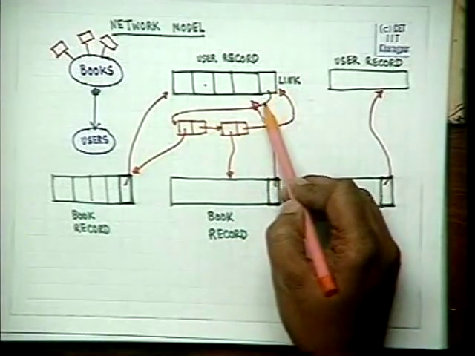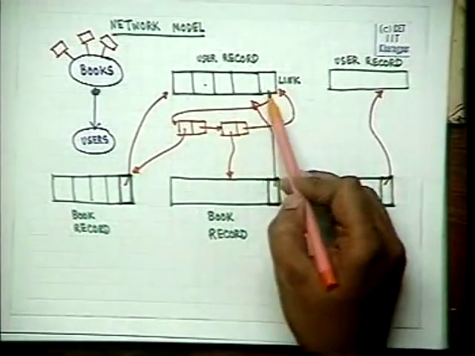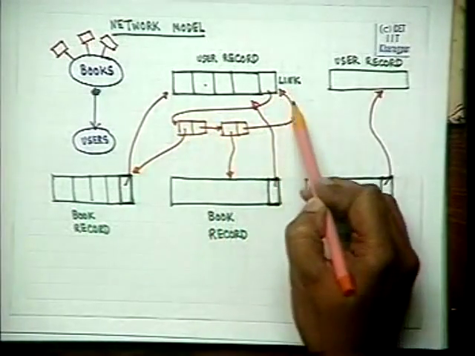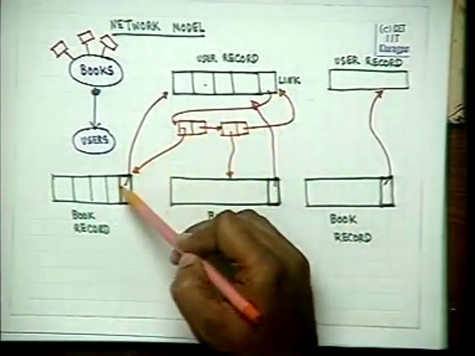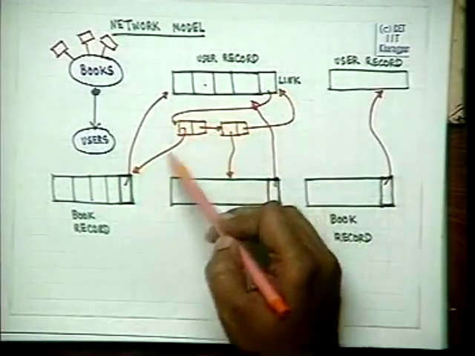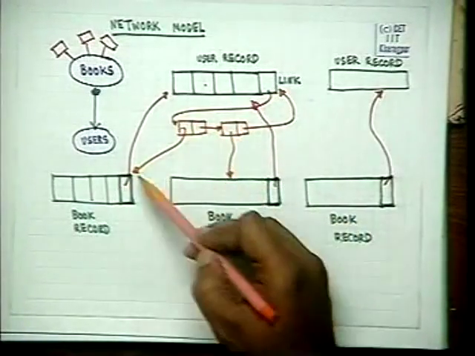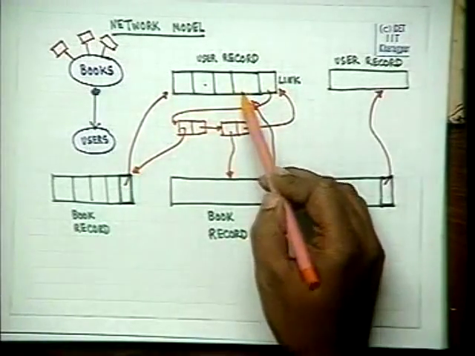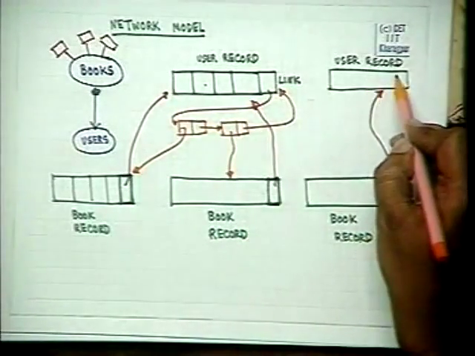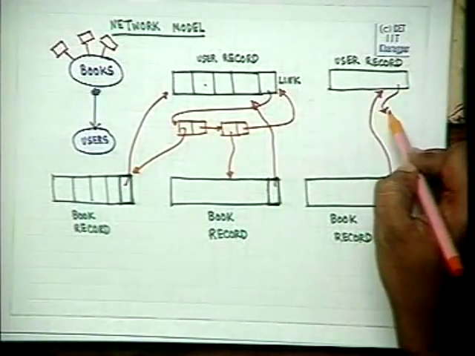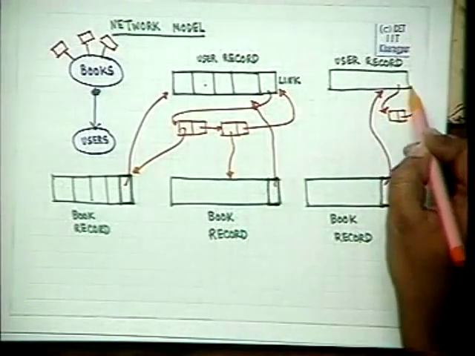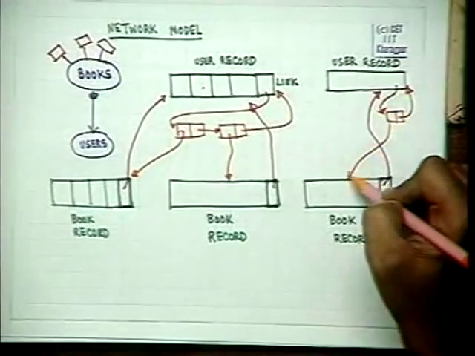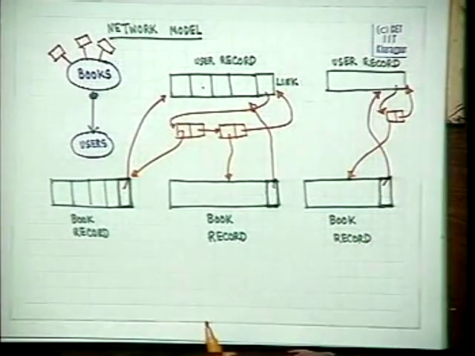So this whole relationship says this user is linked to all these, so this user has issued this book and this book, and once you drop this link, the other will come automatically. But since this has got a single one, it will be pointing like this.